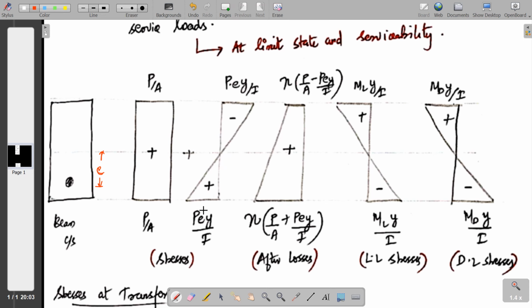You will get P by A, the direct compressive stress, and the bending stress P into E into Y by I at the bottom, and P into E into Y by I at the top, which is tensile in nature, while the bottom is compressive in nature.